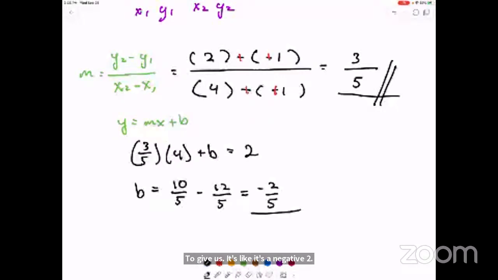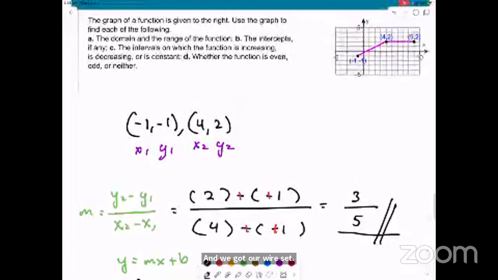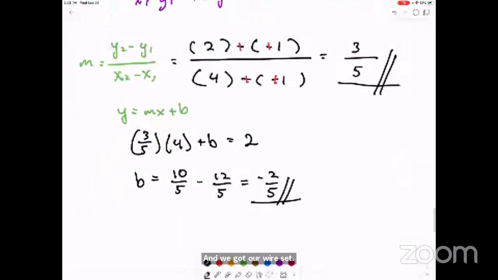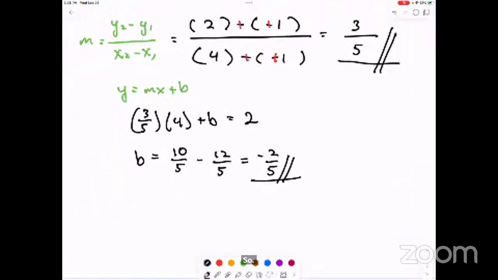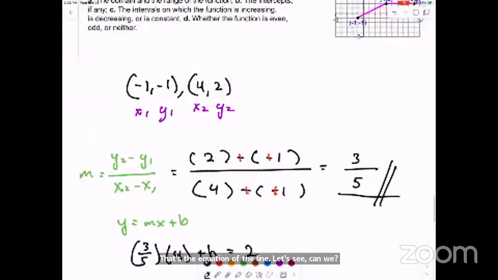So our claim is that y equals 3 over 5x minus 2 over 5. That's the equation of the line. Let's verify our given points.